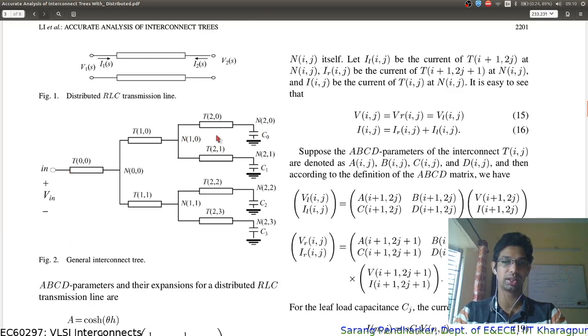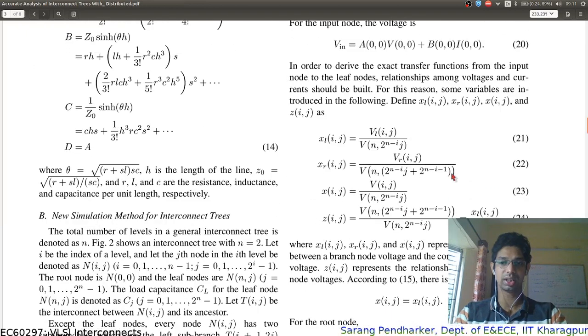One they are calling the left and the other the right. So they are writing the ABCD parameters for the left branch and the right branch, and since it is connected here, the voltage for the left and the right would be equal, that is equation 15, and the current would be divided into two. So whatever is the current here would be divided between the right branch and the left branch, and then they use it.